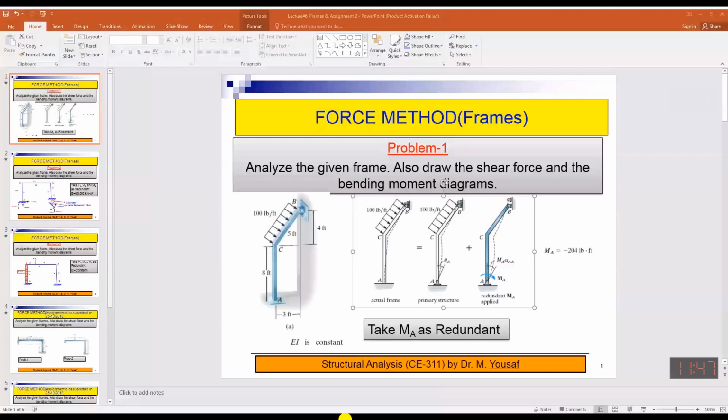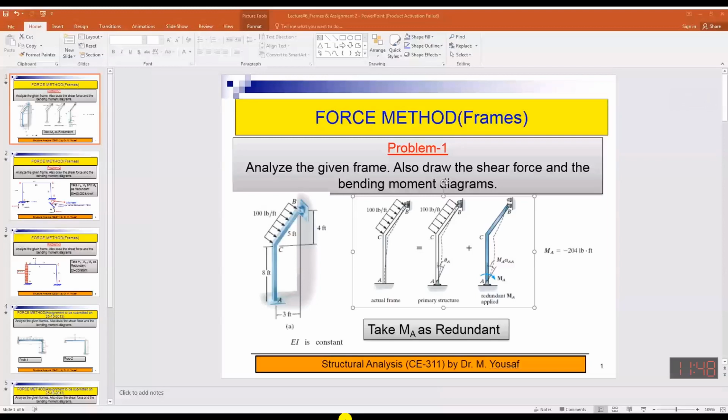If I take x-axis in this direction, everybody should listen carefully. If I take x-axis along the axis of the member and y-axis perpendicular to this one, then it will be the local coordinate system. And if I consider in general this one, this will be the global coordinate system.